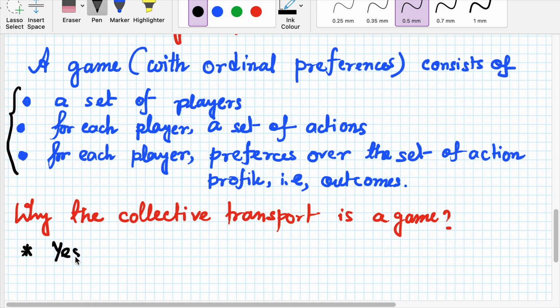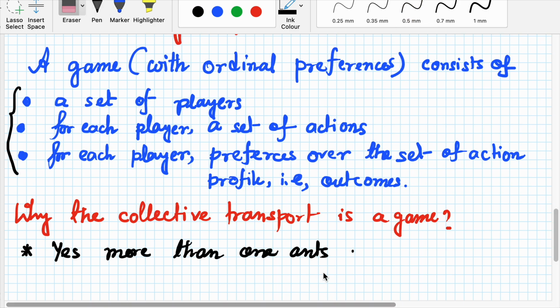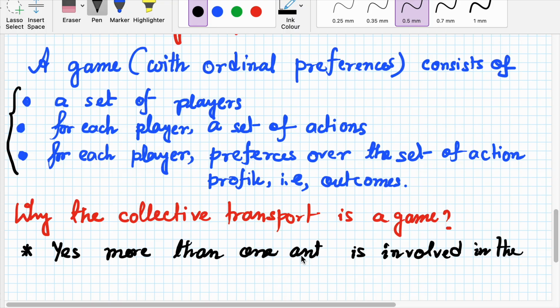Yes, more than one ant is involved in the collective transport.